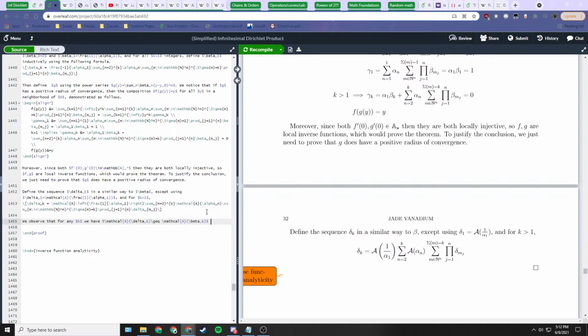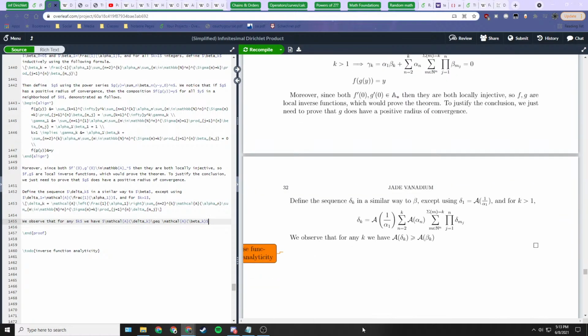So basically by taking all of our alphas to be positive, and then also just making all of our deltas positive as well, this just ends up being larger than beta. This can be proven inductively.